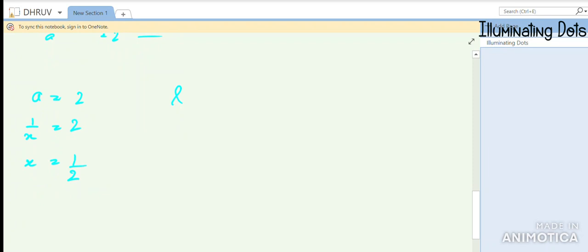We took 1 upon y as b, so 1 upon y is equal to 3, therefore y is equal to 1 upon 3. I am just doing the reciprocal here. I am not cross multiplying anything, or you can say I am cross multiplying, but for simplification I am just doing the reciprocal of both sides, because the reciprocal of 1 upon y is y, and the reciprocal of 3 is 1 upon 3. So do not get confused in that part.